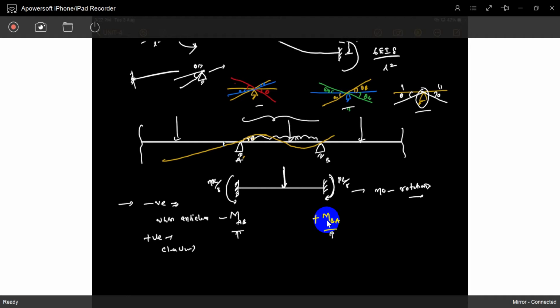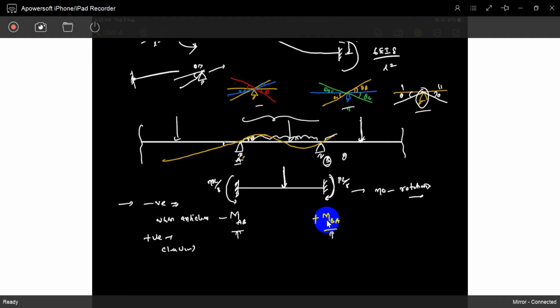But in reality, the adjacent beams have different loading conditions. Based on that, joint A and joint B experience some rotation. Understand?